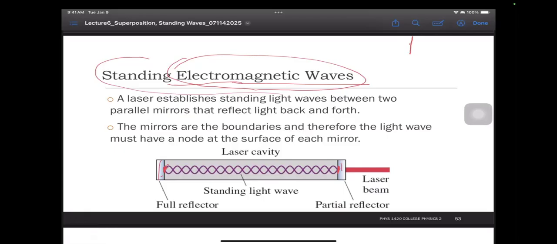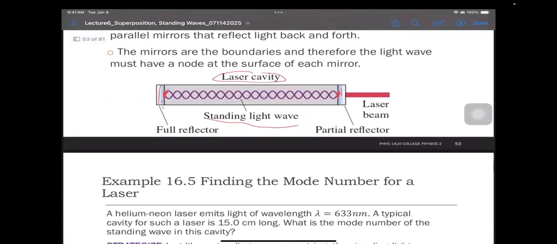Okay, this is a full reflector. This is a partial reflector. This is a full reflector. This is the standing light wave in the laser cavity. Here is the laser beam.